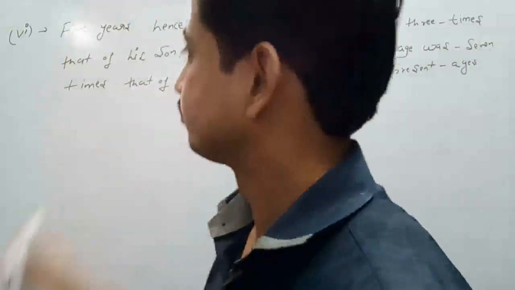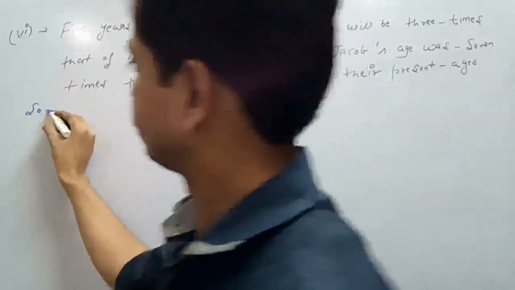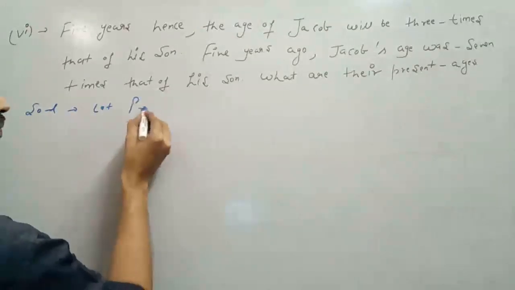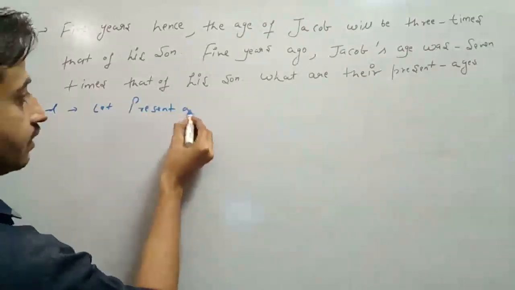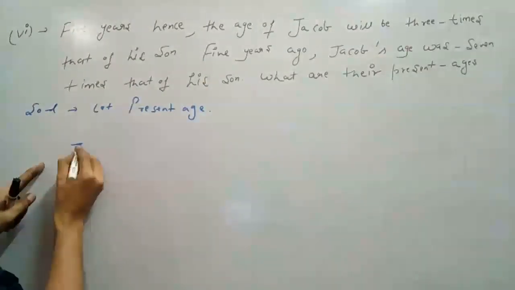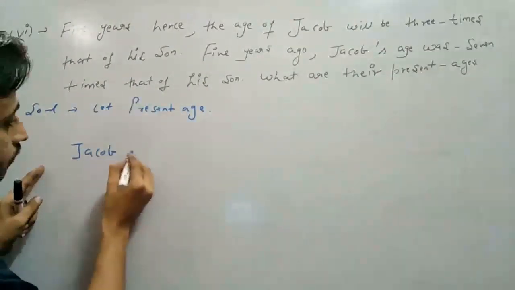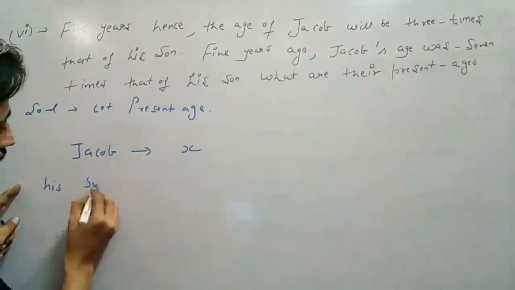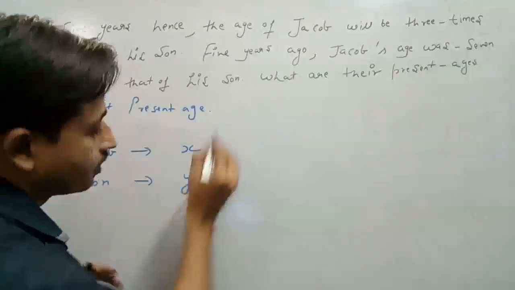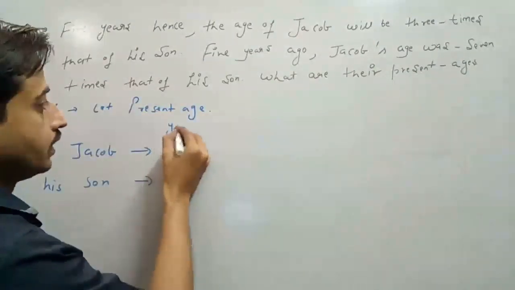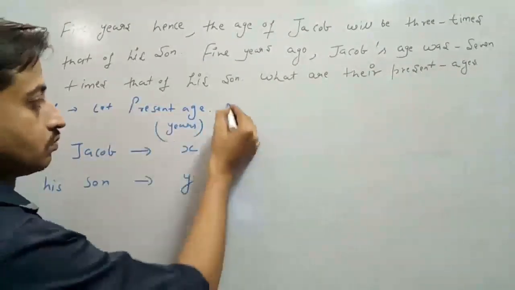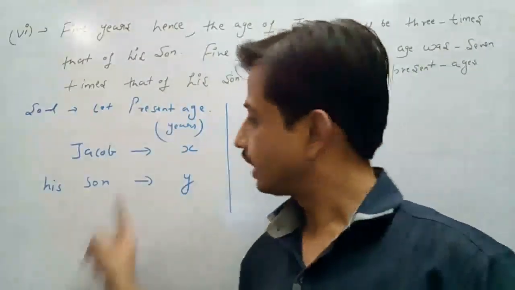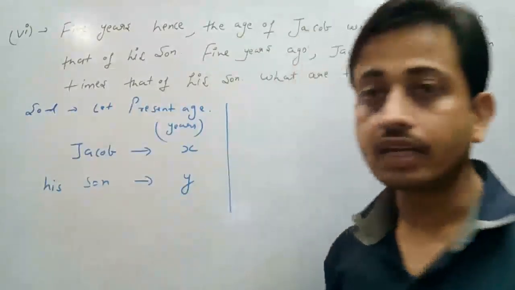Let the present age of Jacob, I am considering as x, and his son, I am considering as y, in years. I am considering the present age of Jacob is x years and his son is y years.